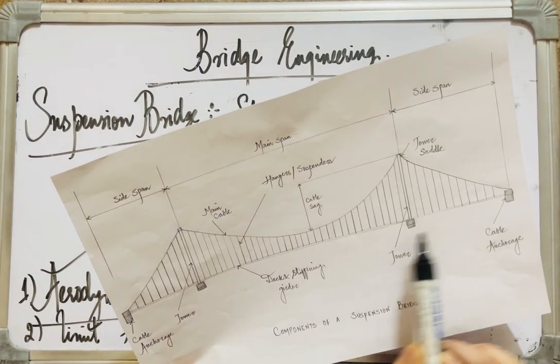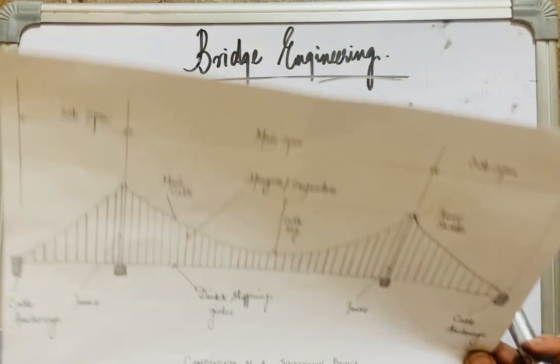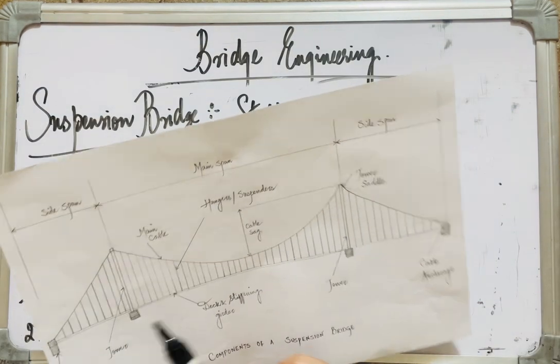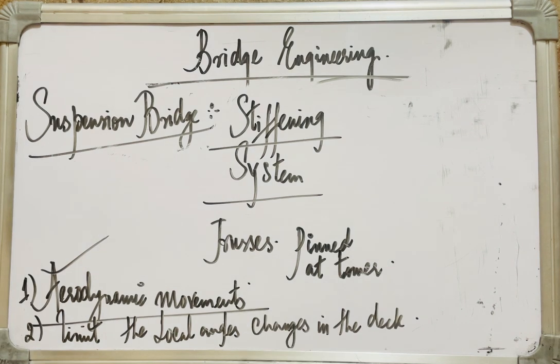Since I cannot show you a cross section of the deck and stiffening girder in case of a suspension bridge over here, their role is that they control the aerodynamic movements and they also limit the local angle changes in the deck.